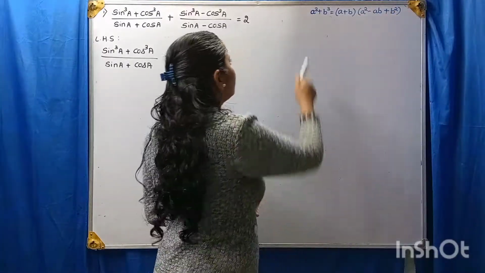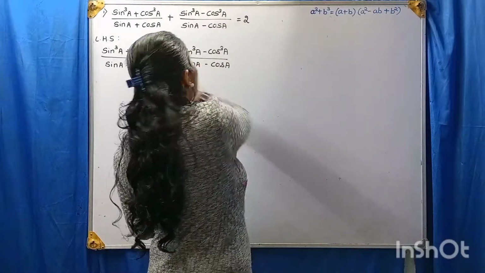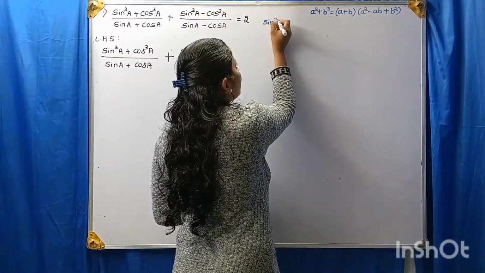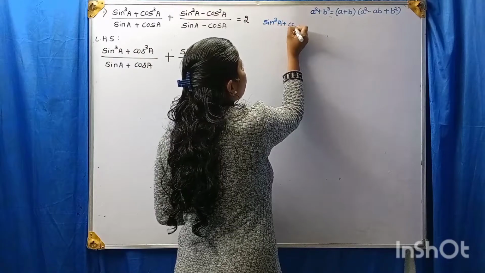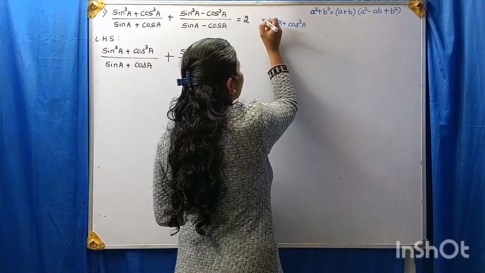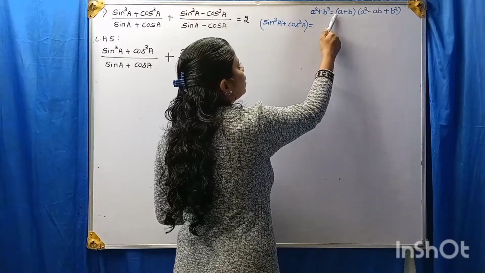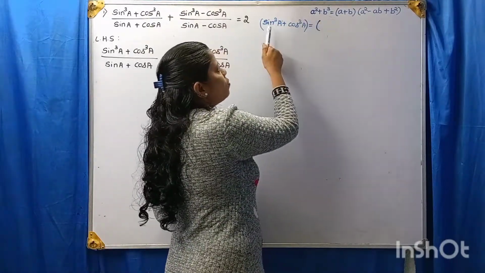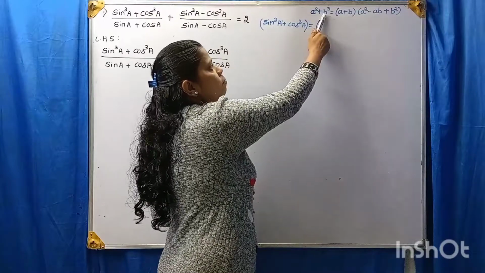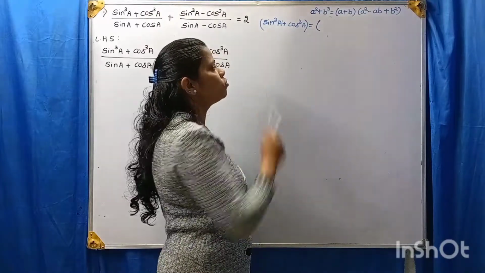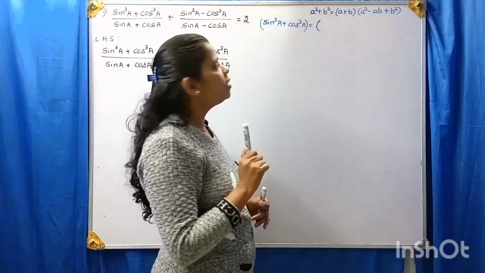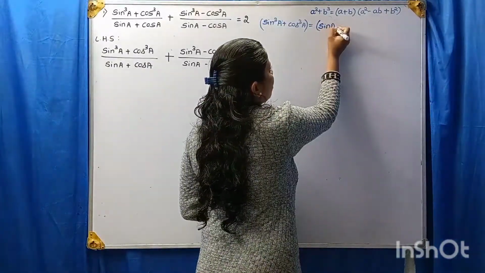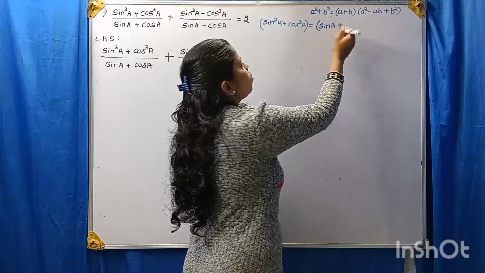Therefore, write sin cube A plus cos cube A as A plus B. In the place of A cube, we have sin cube A, and in the place of B cube, we have cos cube A. Then what is A? A is sin A. And what is B? B is cos A.